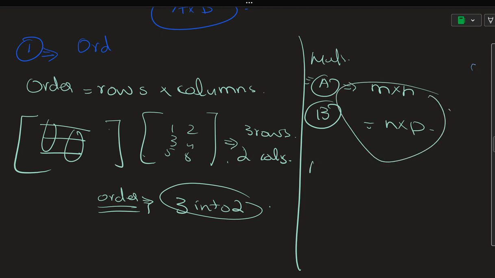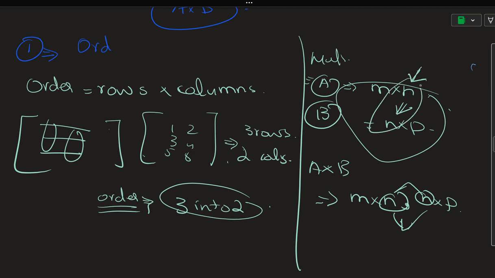If you are asked to multiply A by B, you see that this n and this n are equal only in the case where the columns of the first matrix and the rows of the second matrix are equal. The number of columns and the number of rows must be equal, only then will they be able to multiply.